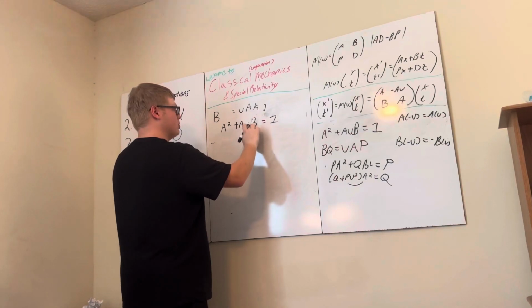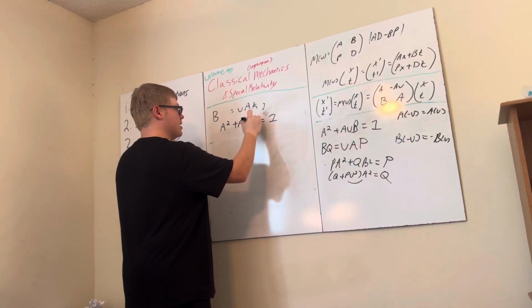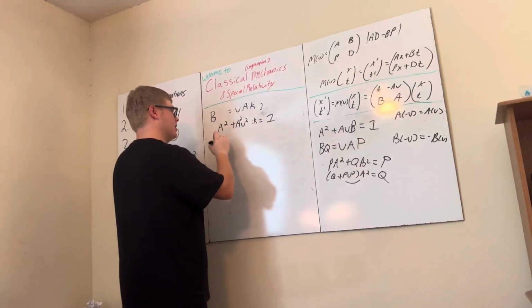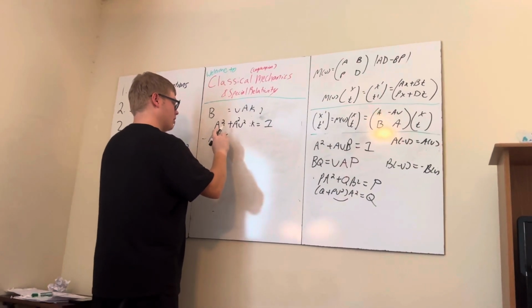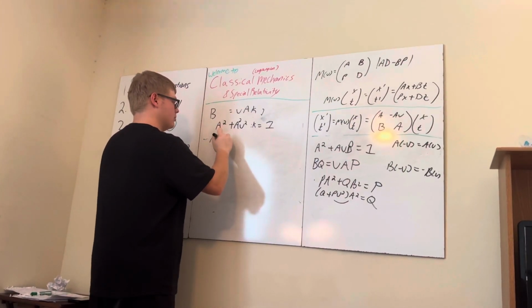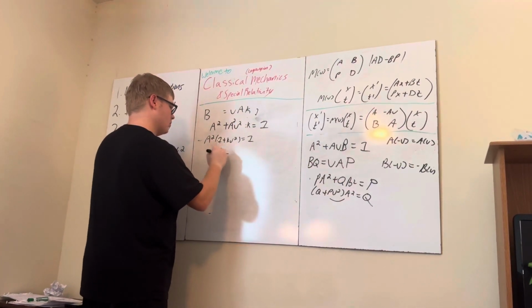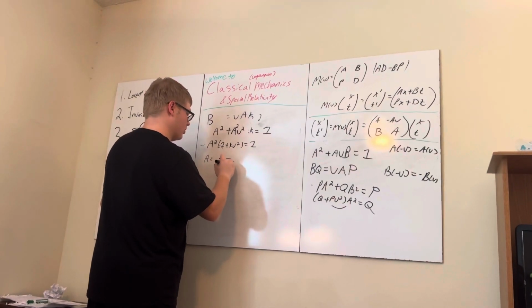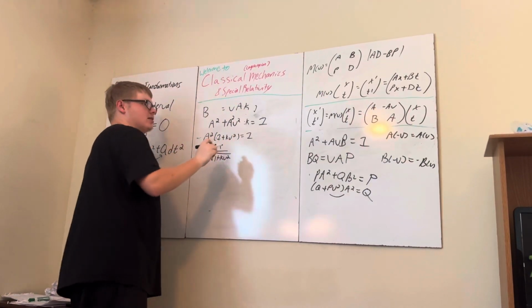Well, we can replace b with v squared, so a squared times 1 plus k v squared equals 1, and that means that a equals the square root of 1 over 1 plus kv squared.